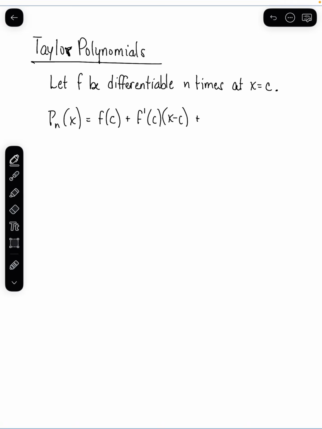Then we're going to have the second derivative matched at x equals c. But we're going to introduce a new idea here, that this is going to have a denominator that the previous two did not have. That is to say, they actually do have one, but we tend not to write it because their denominators are equal to 1.